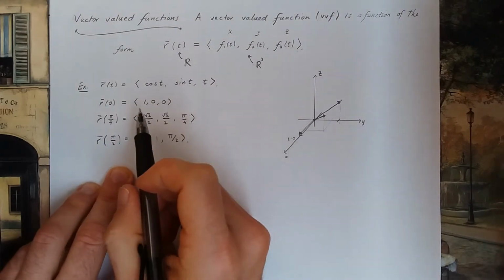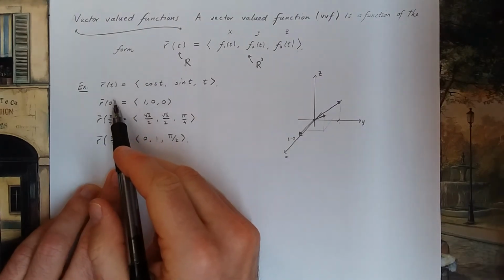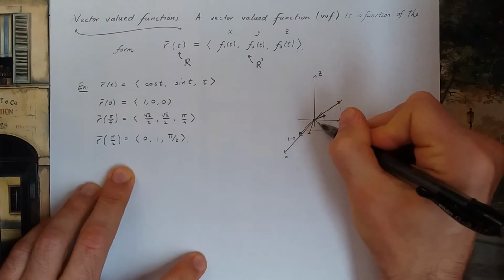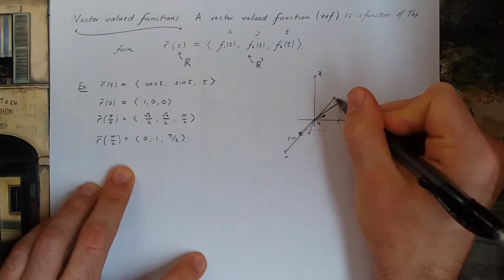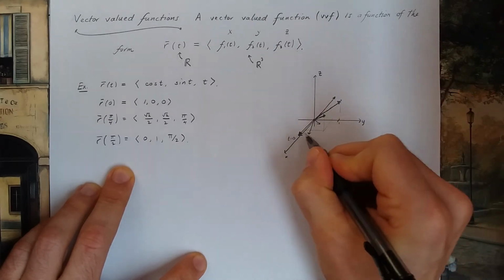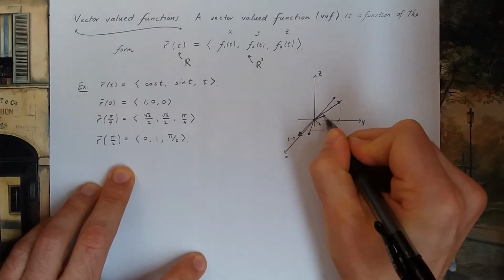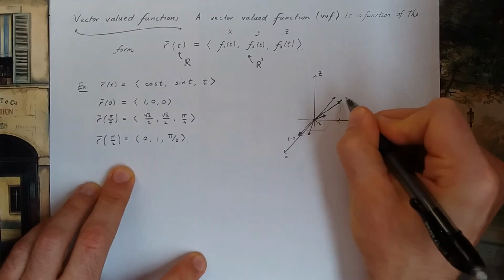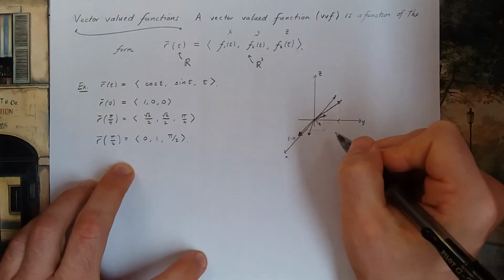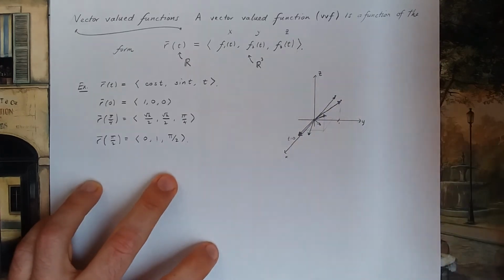Okay, so I get a bunch of vectors, and I could draw them all starting at the origin. I can plot more values of t, and if you do, you'll get more vectors that point at different values like this. And you can imagine a curve that passes through the points that my vectors are pointing to. So I can kind of sketch a curve here.